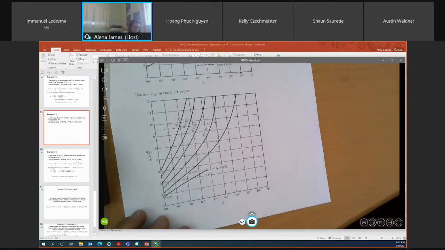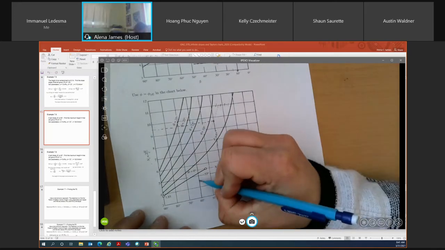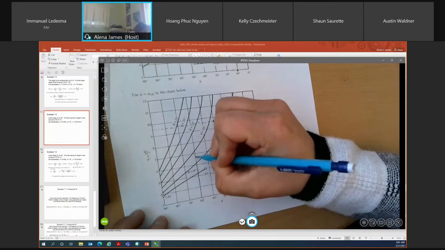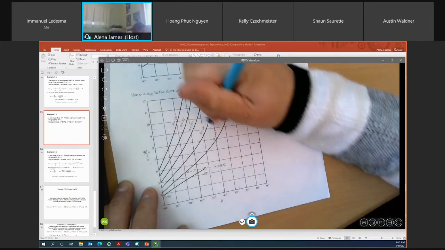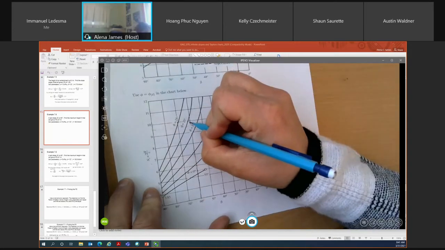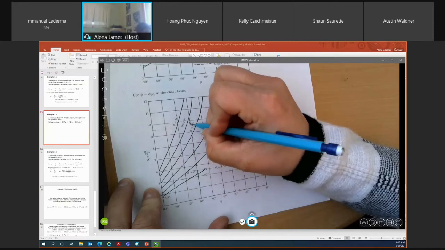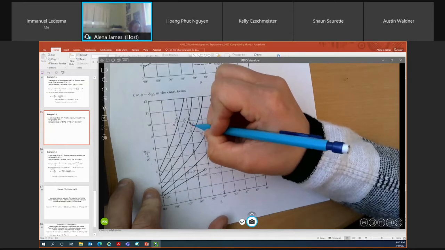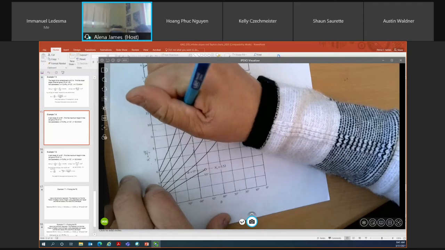My phi d value of 18 is about here. I draw a line vertically up till I intersect about this point, and then draw a horizontal line over.